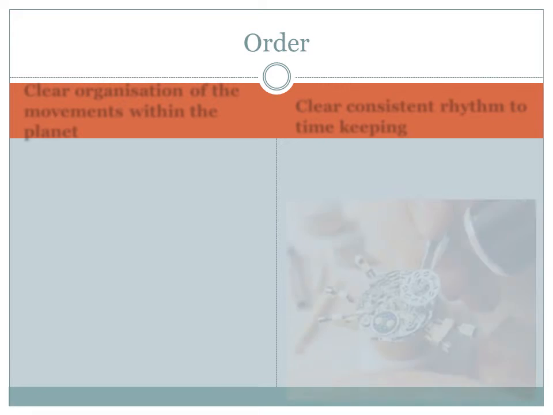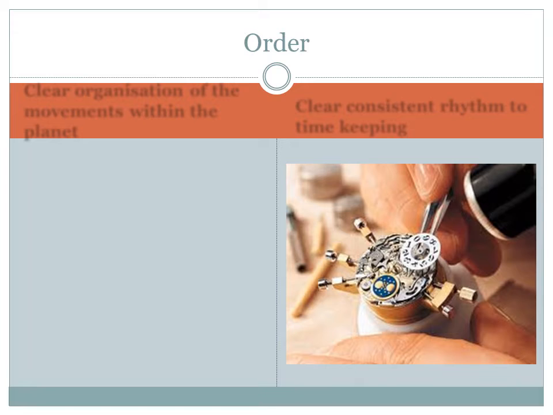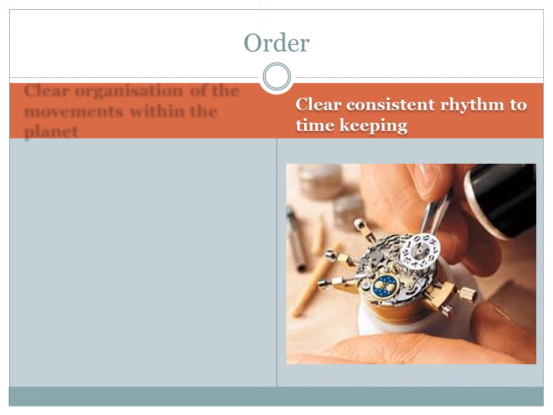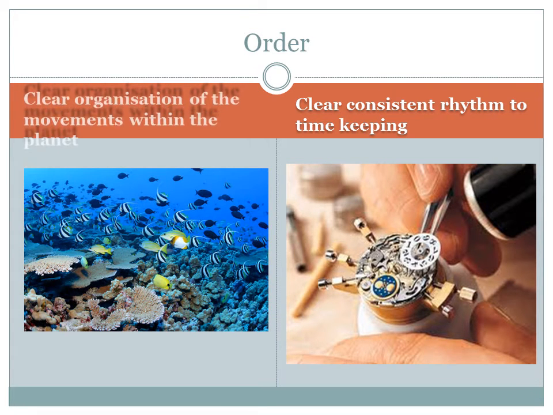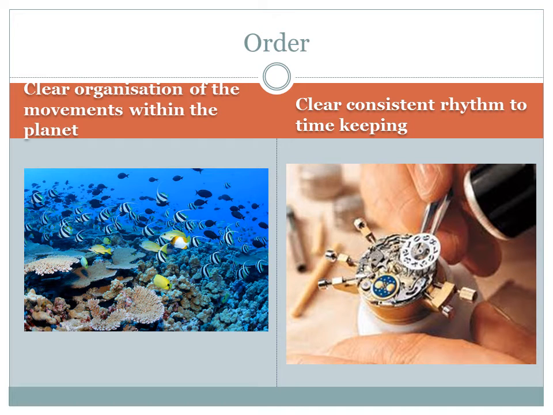Order is apparent in the world and also in the watch as well. Clearly in the watch, order is present because there is a consistent, clear rhythm to its timekeeping. Within the world, there is clear organisation of the movements within the planet. We could use the example of seasons and that constant, orderly construction.